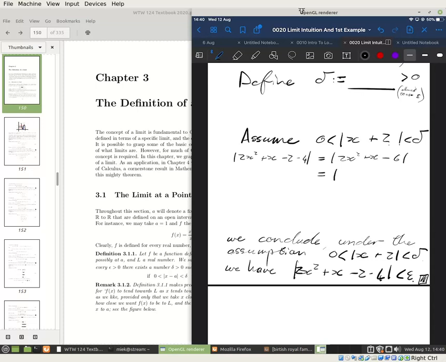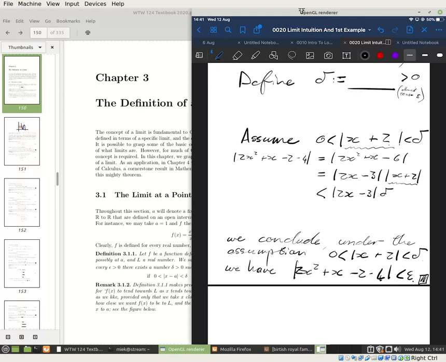If we factorize, that is (2x minus 3)(x plus 2). And since we've assumed that x plus 2 is less than delta, we end up with the absolute value of 2x minus 3 times something strictly less than delta.